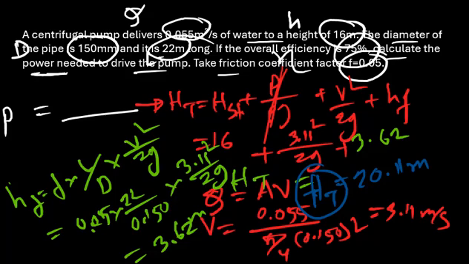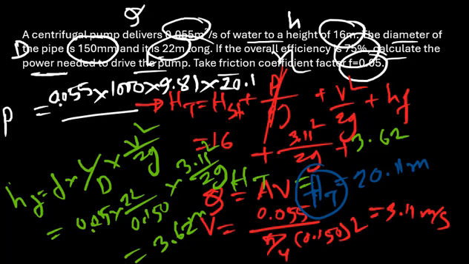Q is 0.055 cubic meters per second, and rho we know is 1000, G is 9.81, the total height is 20.11, and efficiency is 0.75.